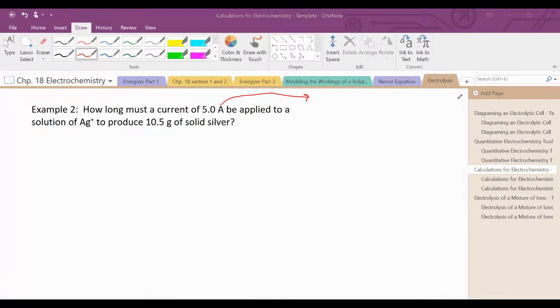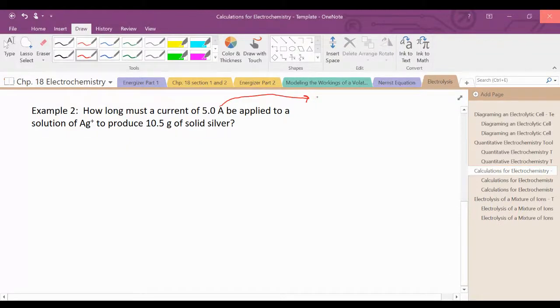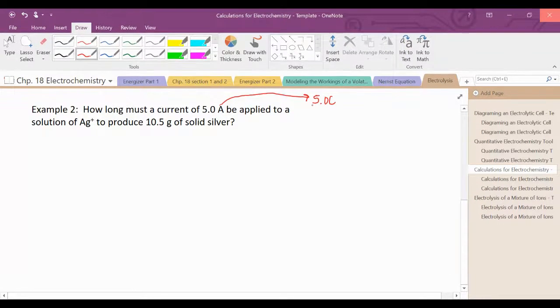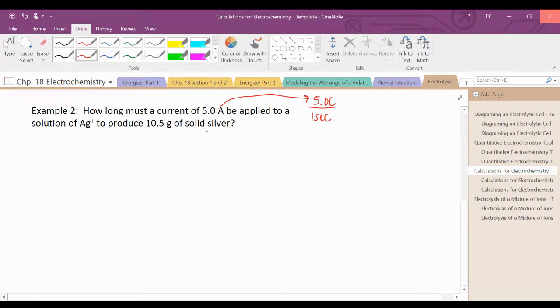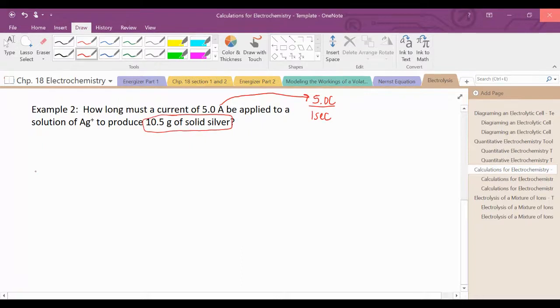It's a derived unit, so what this really means is that there are 5 coulombs for every second. It's being applied to a solution of silver +1, and I'm producing 10.5 grams of solid silver. So in this problem, again, if amps is my derived unit that I'm going to use as my conversion factor, then we're going to start off with this 10.5 grams of silver.